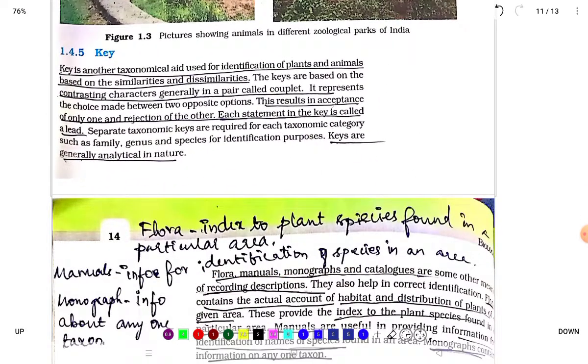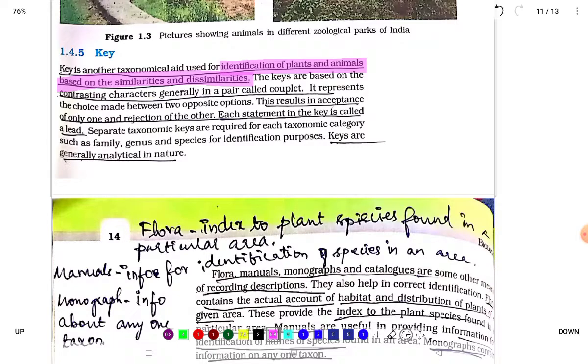And now the last one is the key. Key is another taxonomical aid. Among these five taxonomical aids, key is very important. Key is used for identification of plants and animals based on similarities and dissimilarities.